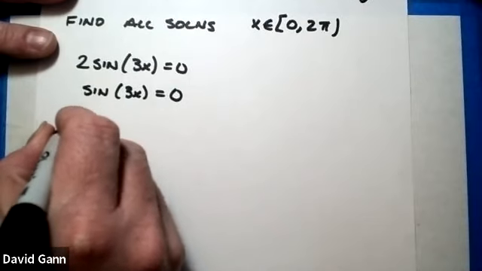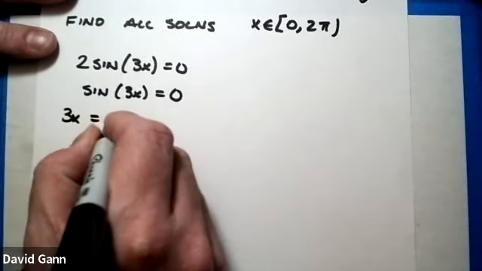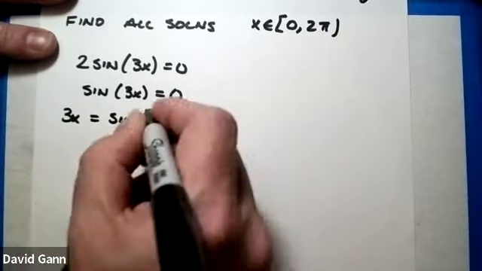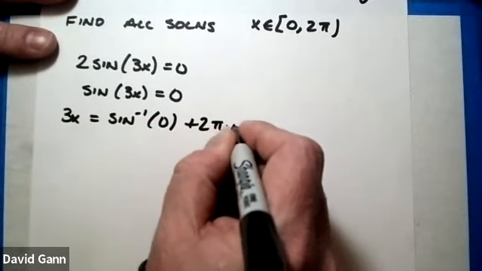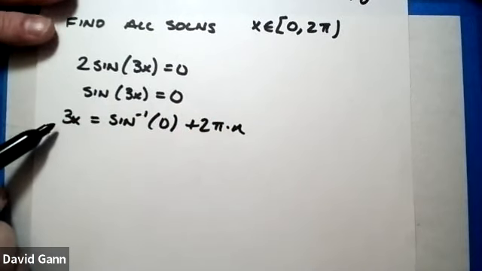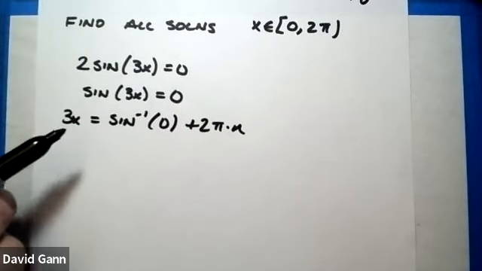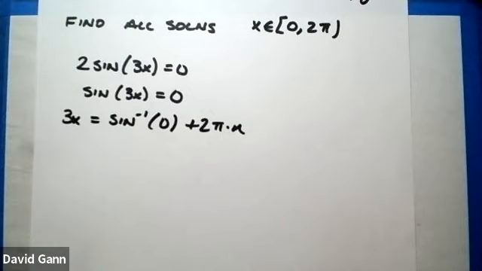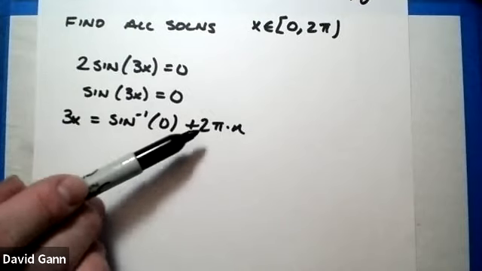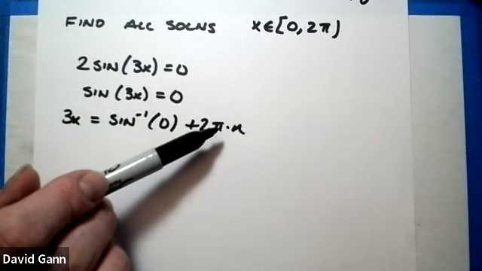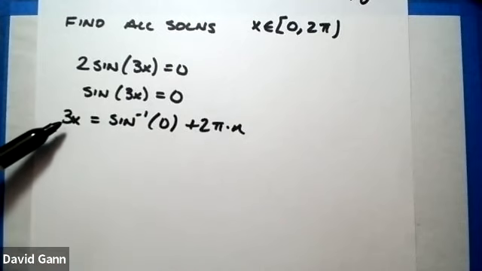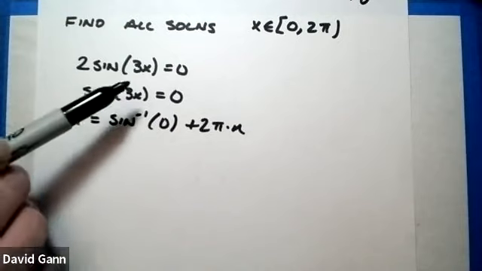So we have 3x is equal to the inverse sine of 0 plus 2 pi times n. And there's the key: we don't have it equal to x. Here's what people will do: they will forget to divide this periodic term by the coefficient on the argument's variable.